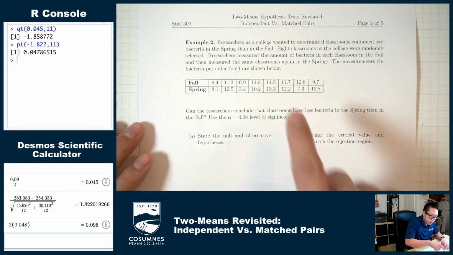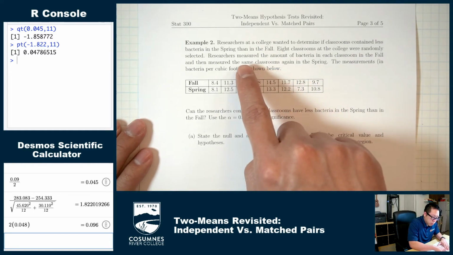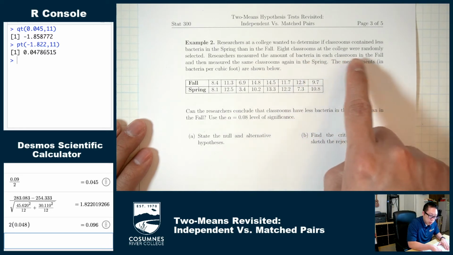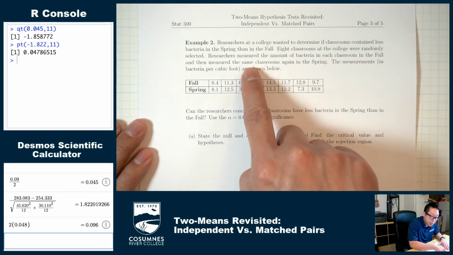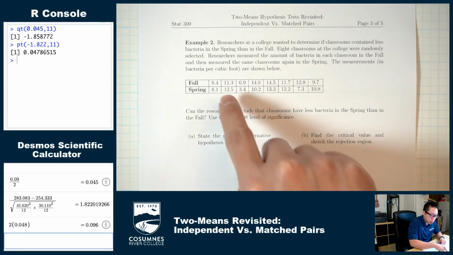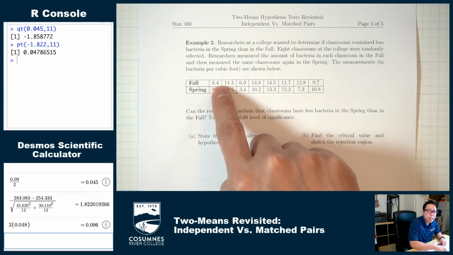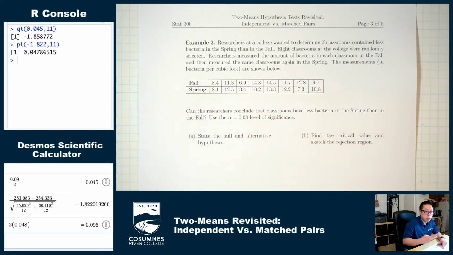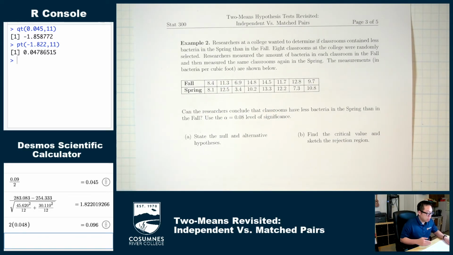It says researchers measured the amount of bacteria in each classroom in the fall, and then measured the same classrooms again in the spring. So these are measurements on the same classrooms, once in the fall and once in the spring. So these are two measurements on the same thing, which means this is going to be matched.